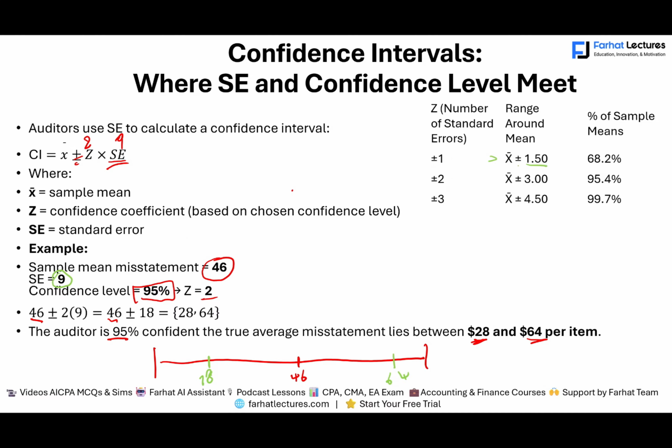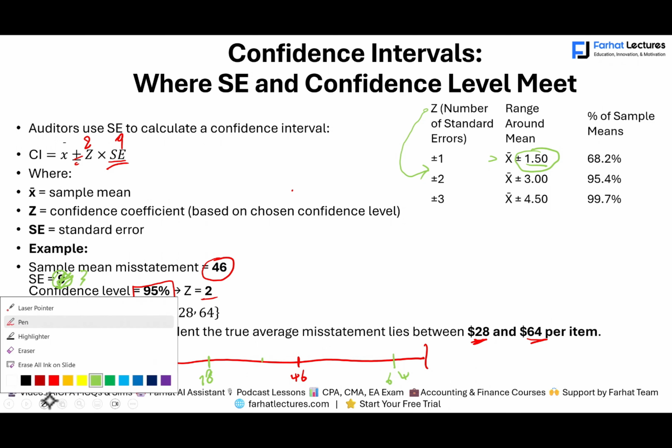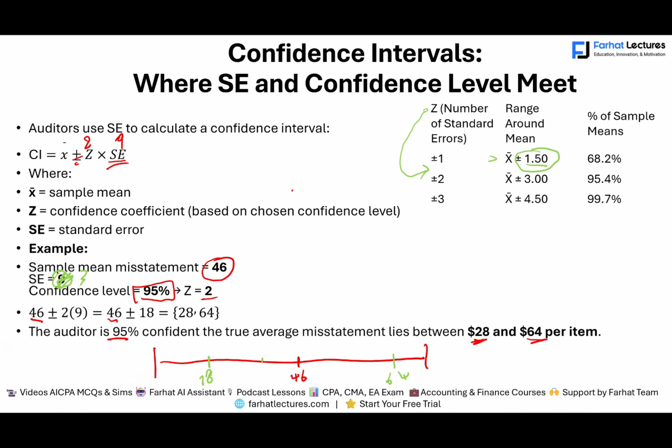Now, later on, we'll work another example where the standard error is 1.5. Z equal to 1 will have a variation range around the mean of plus or minus 1.5. A Z of 2 will equal plus or minus 3. Let's assume in this situation we change the standard error to 3. So at Z equal to 3, what's going to happen now is we're going to look at 43. Let me change the color, and we'll work another example using these figures.